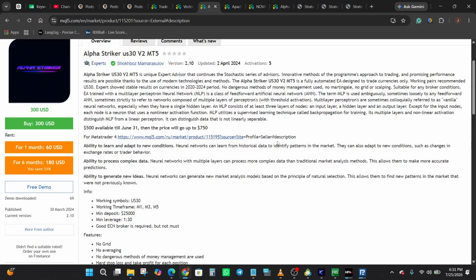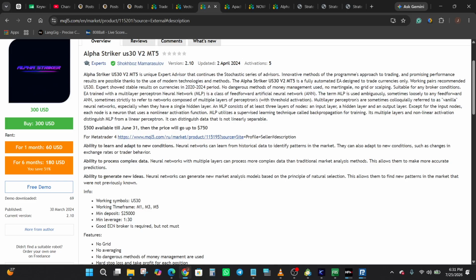The developer states it showed stable results on the tested instruments across the 2020 to 2024 period, and that it avoids martingale, greed, and scalping style money management. The page also goes into detail on the underlying technology.